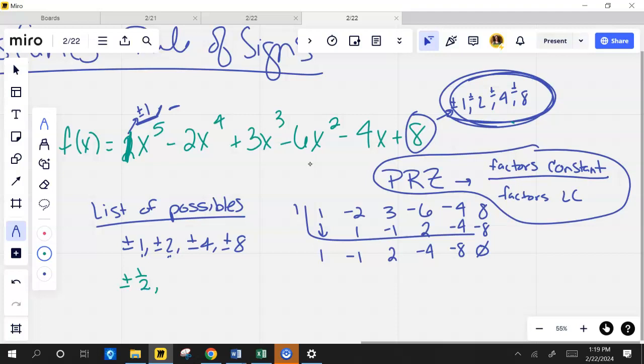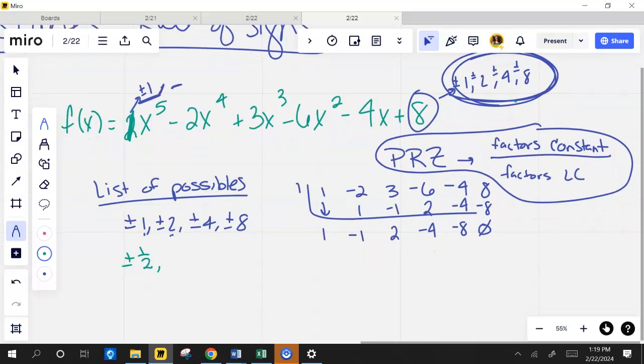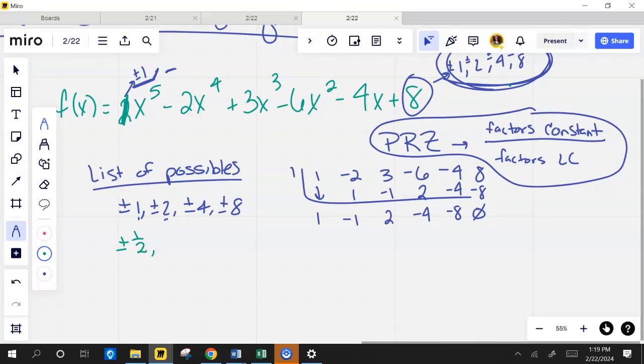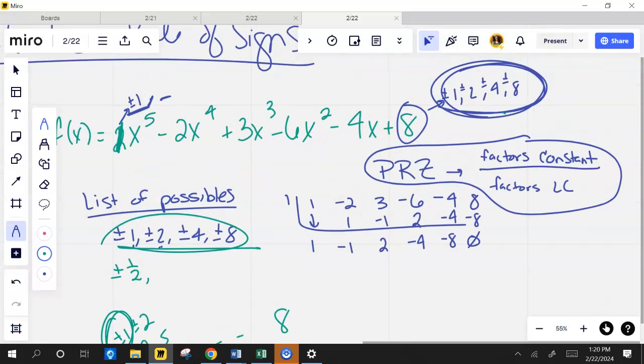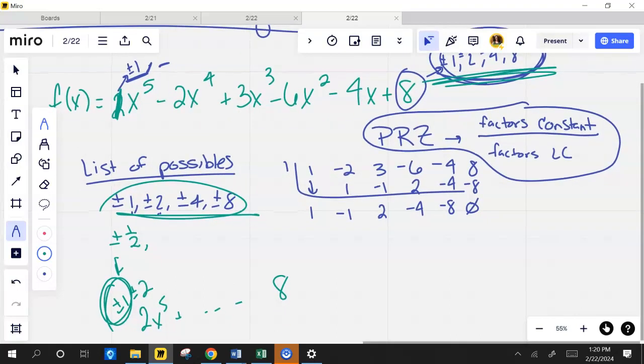They were saying, what if there was a number instead of 1? So what if it was 2? If it was 2x to the 5th plus 8, well, then my list of possibilities would not just be these, but I'd have to take all of these and also divide by 2, because I divide all of these on the end by 1, but then I also have to go back and divide them all by 2.